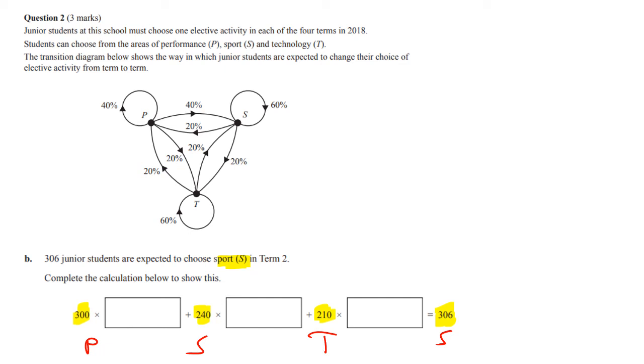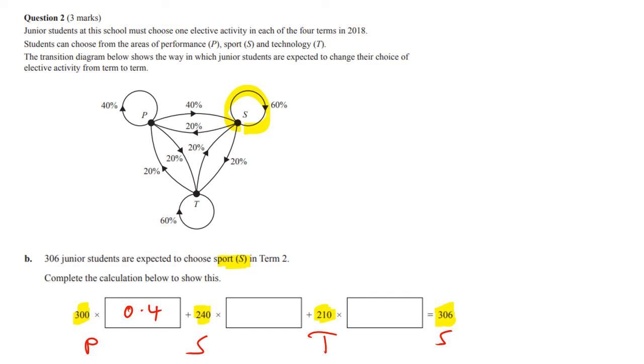We highlight that value. So it's P times the S there. Now, remember, we've got to put this as a decimal. So it's 300 times 0.4 because that's the 40%. All right. And then if we look at the next one, S going to S. So S going to S is our next value.